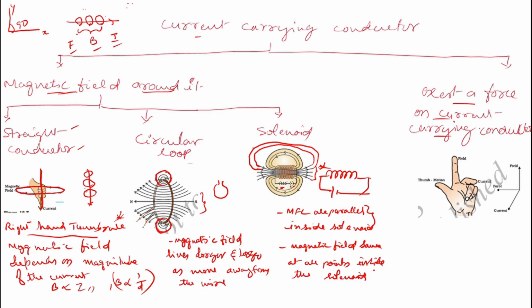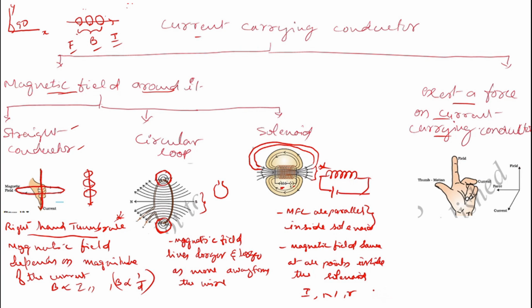Inside the solenoid you see the magnetic field is the same at all points. So then how does it depend? It depends on current. The magnetic field depends on current, the number of turns, and the radius of the coil.